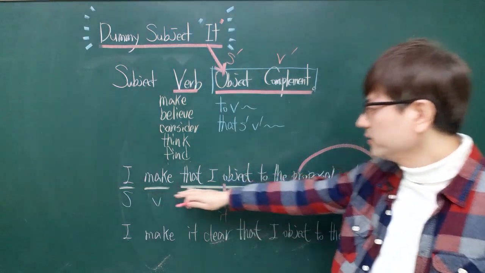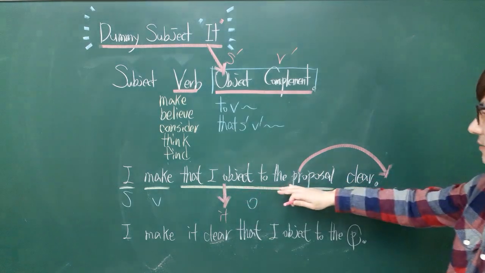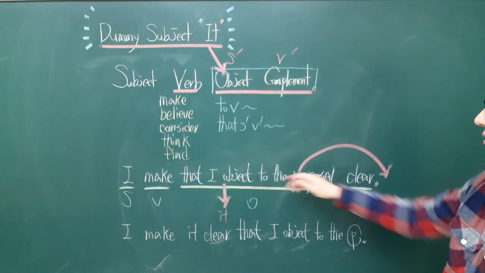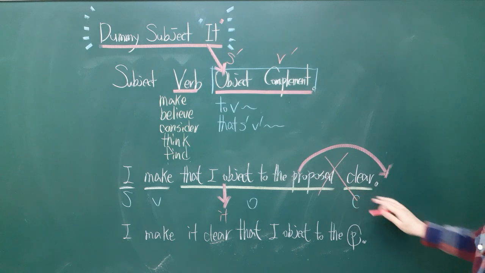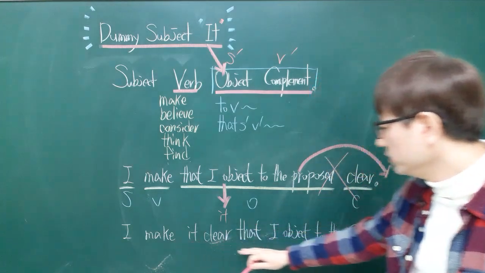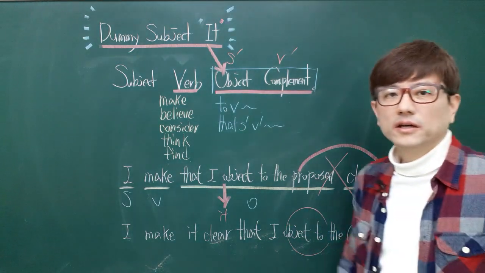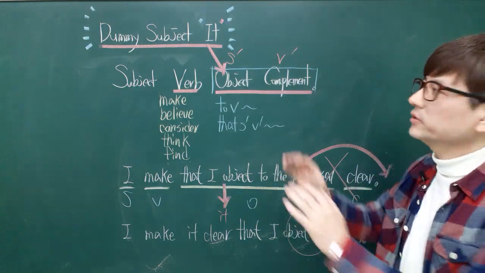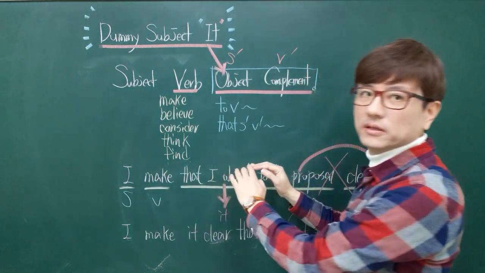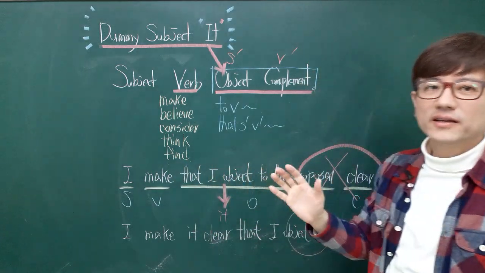So, I make that I object to the proposal clear: this sentence is incorrect. I make it clear that I object to the proposal: this sentence is correct. Do you know what I mean? So that is why you have to memorize this pattern. Okay?